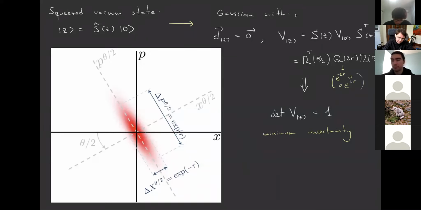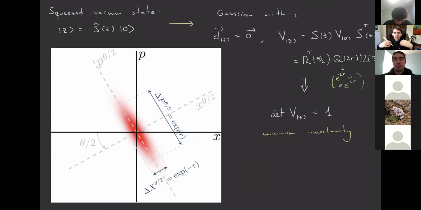Therefore the determinant of V is just the determinant of r times the determinant of q, which is 1, times the determinant of r. And of course, the determinant of a rotation is 1, as you know very well. So we get determinant equal to 1. So a squeezed vacuum state is just literally taking the vacuum state, which is a circle, and applying squeezing in the direction θ/2 and anti-squeezing, or stretching, in the p direction of θ/2.